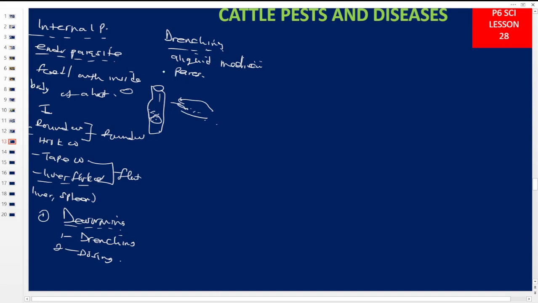That method is called drenching. Now on a standard farm, when we are carrying out drenching, we use what we call a drenching gun.